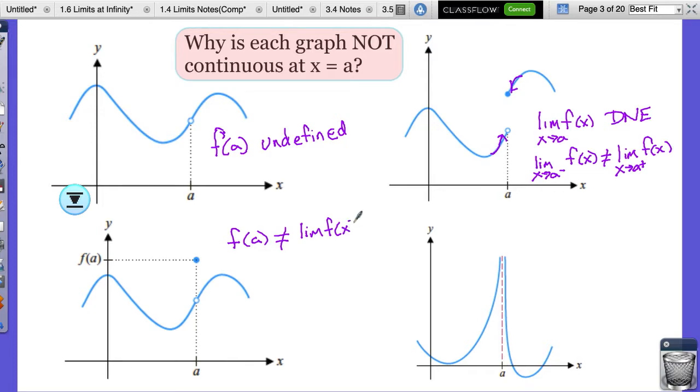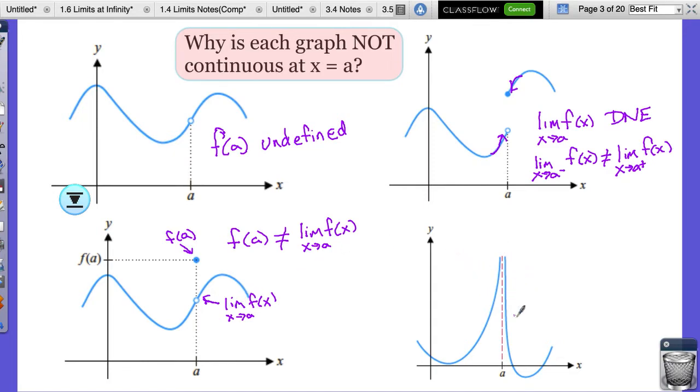Up here, this point, that y value is your f of a. Where this open circle is, that's the limit. That y value is the limit as you approach a. They're not the same, so therefore it's not continuous.